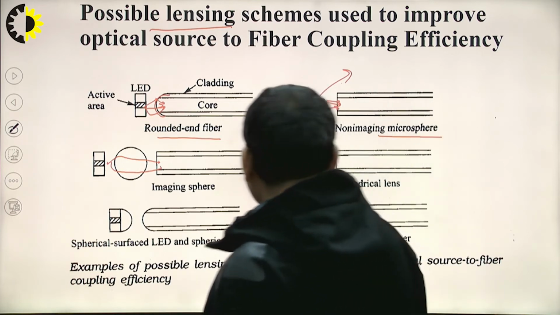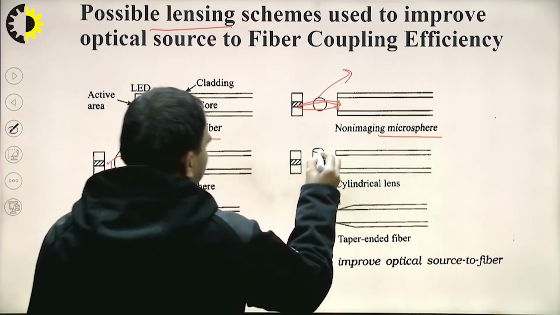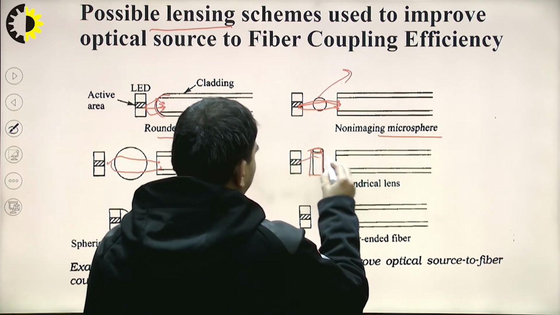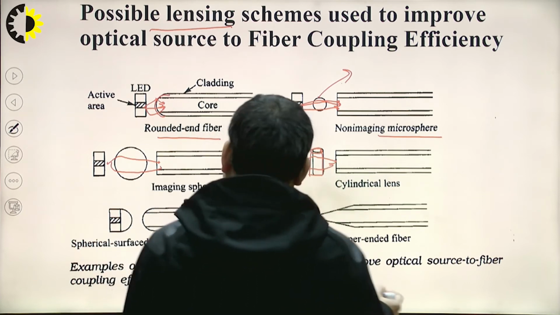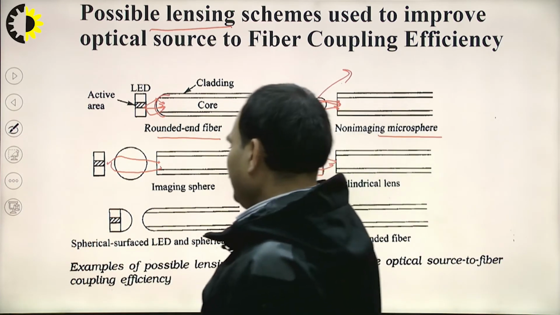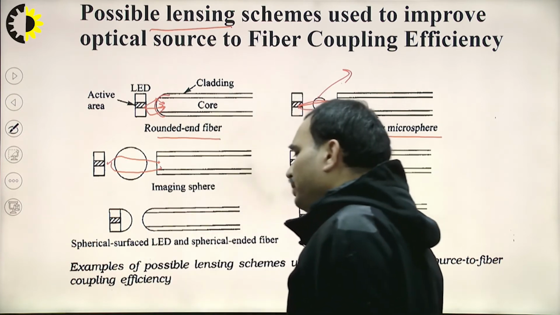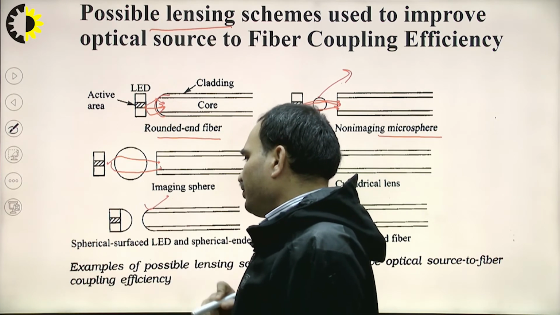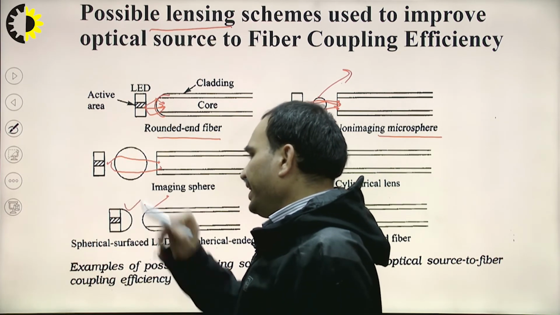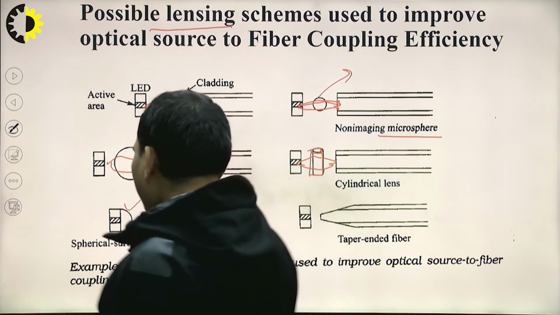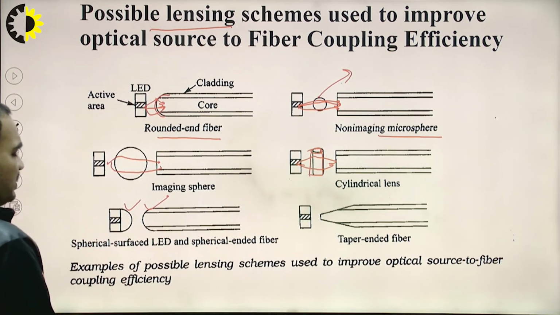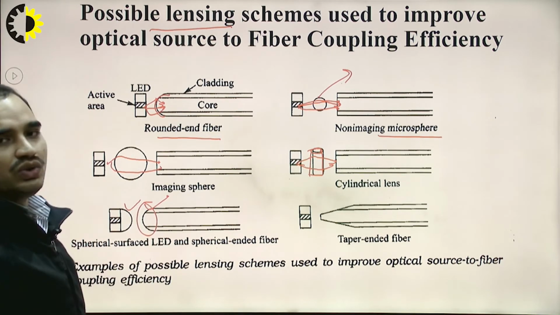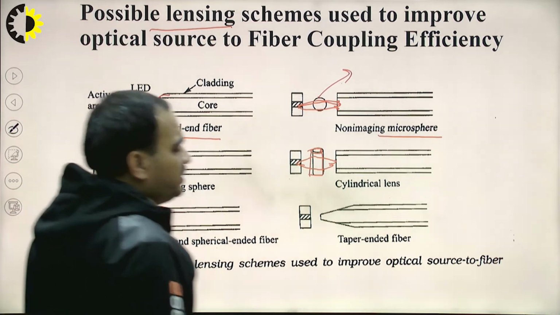Another technique, we can use the cylindrical lens. Even the cylindrical lens can be the alternative, where the light can be concentrated at the focal point and we can improve the efficiency. Directly, we can use a spherical ended fiber and a spherical ended LED, meaning a hemisphere is placed over the surface of the LED, and the fiber is also rounded, that is spherical ended.